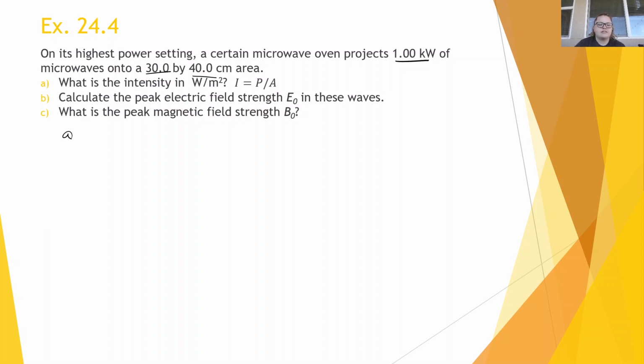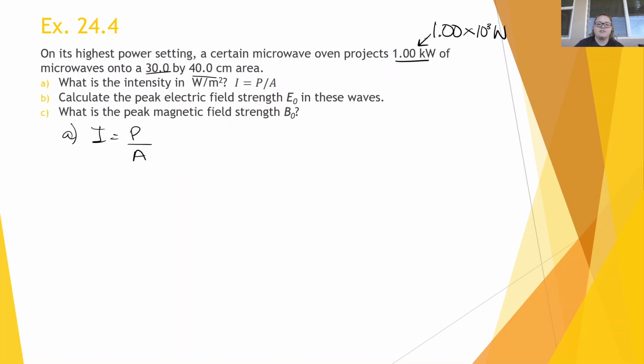All right, so intensity is power over area. We have our power here, that is 1 kilowatt, so that would be 1 times 10 to the third watts. Then we have our area.